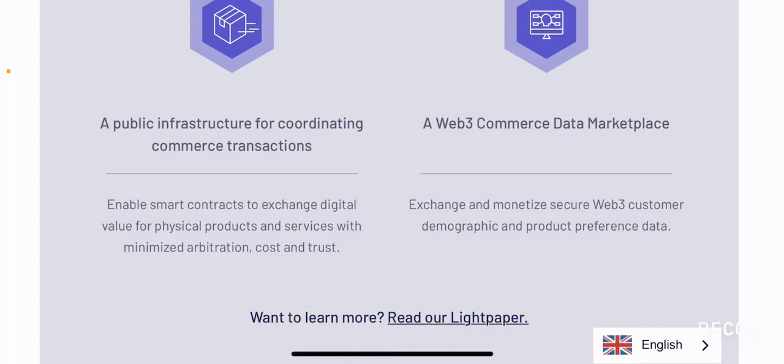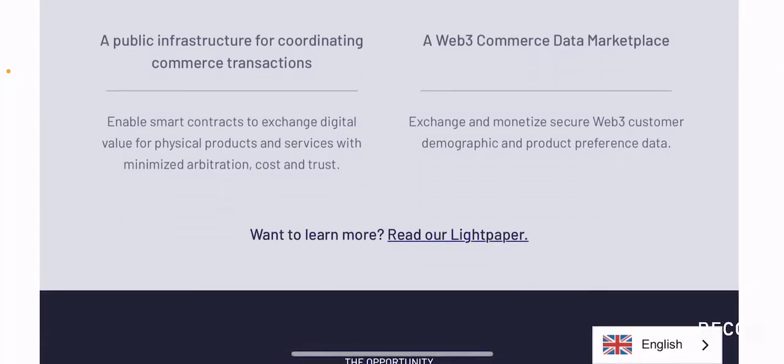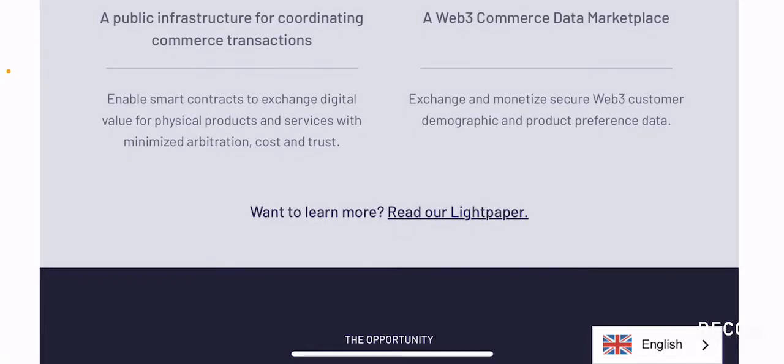So overall, it's a very great protocol. It aims to be the Amazon of blockchain, except in a very positive and less privacy invasive manner, right? Which is something we will be needing in the long run.